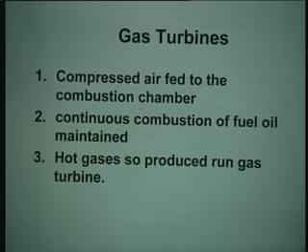Now, we come to the next non-conventional energy source, and that is gas turbines. What do we do in gas turbines? Compressed air is fed to the combustion chamber. There is a combustion chamber.